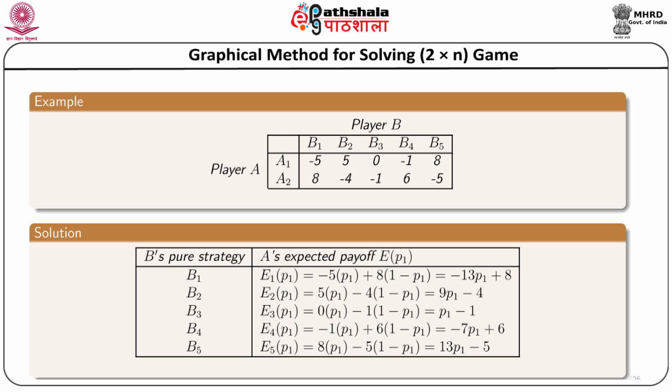So, we calculate A's expected payoff for each pure strategy of player B. Thus, for the pure strategy B1, we have A's expected payoff E1 equal to minus 13 P1 plus 8, and similarly for B2, A's expected payoff E2 is equal to 5 P1 minus 4 (1 minus P1), which is equal to 9 P1 minus 4.